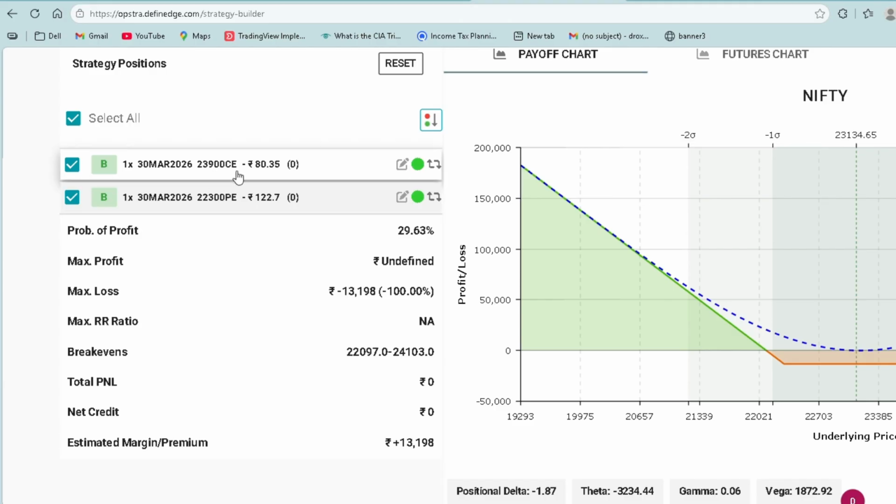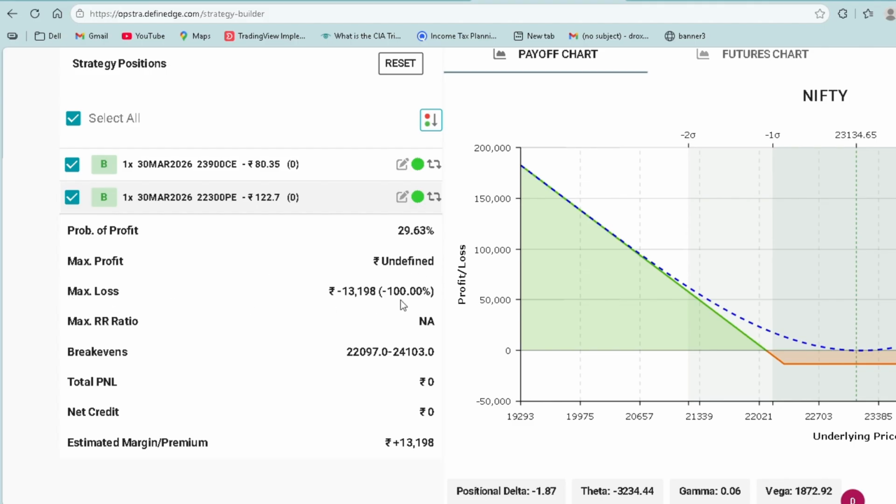23,900 call is at 80.35 rupees and 22,300 PE is at 122.7 rupees. Both same expiry, one lot size, and the probability of profit here is 29.63, whereas in the previous strike it was around 40.7, and max profit is undefined, same as before.